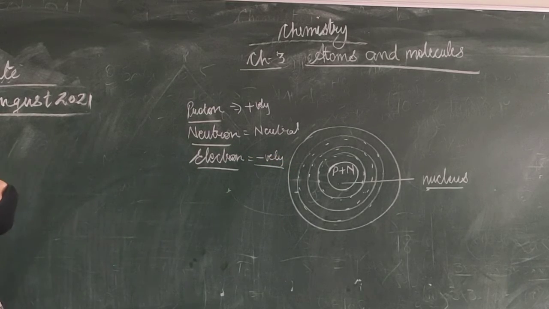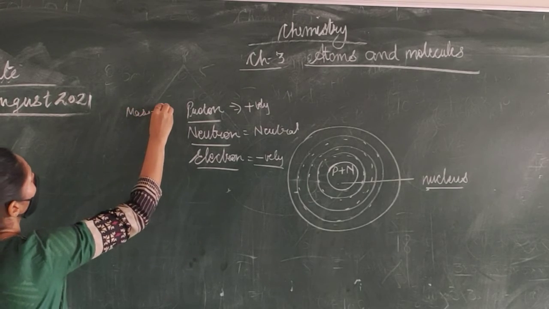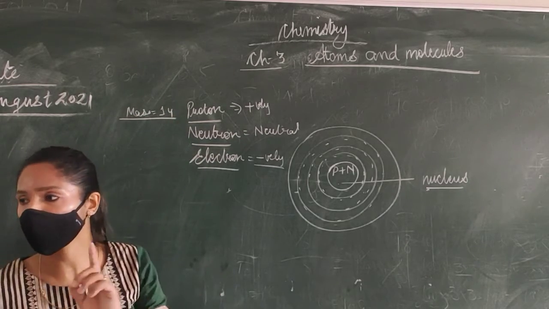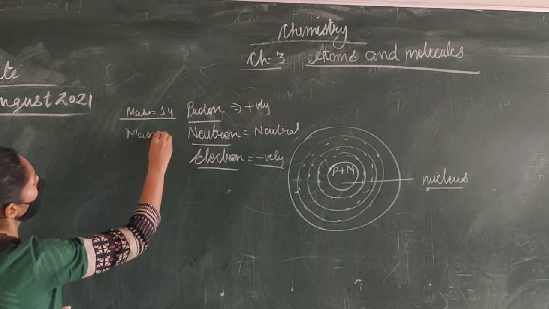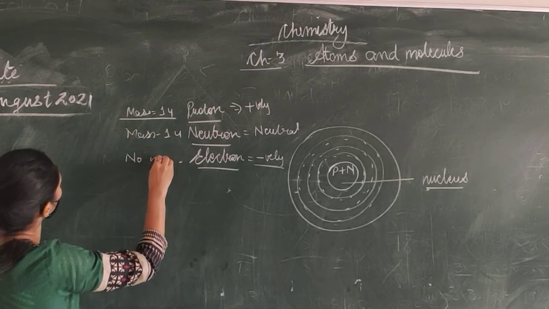A proton has a mass of 1 U, that means one proton will have a mass of 1 U. Neutron will also have a mass of 1 U, and the electron will have no mass.